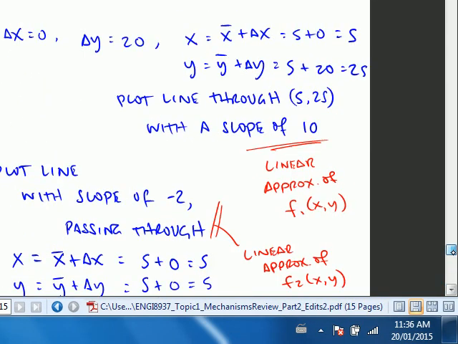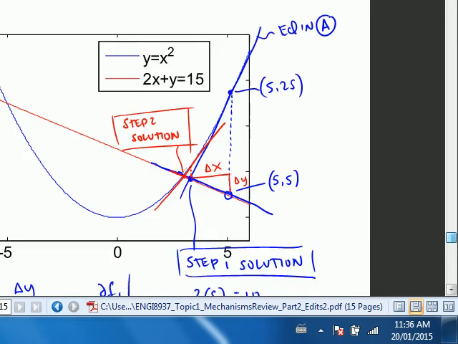That new delta x and delta y will be the teeny tiny delta x and delta y that take me from this blue point over to the red point. So the red point is the intersection of those two functions approximated as lines if I start here and go up to the blue curve and draw another tangent line.